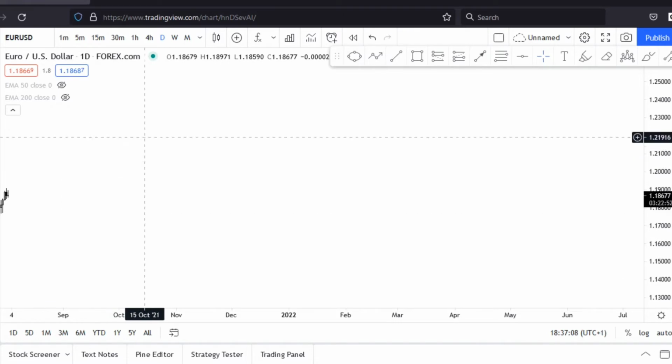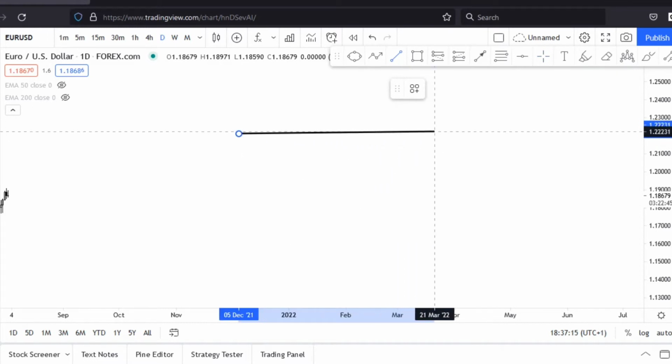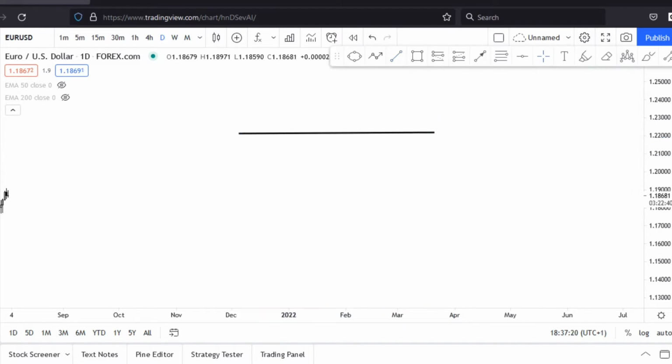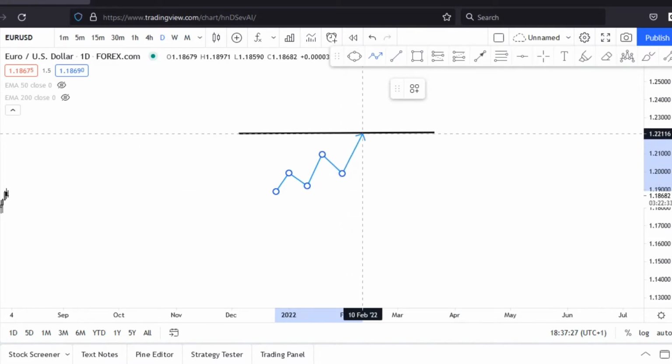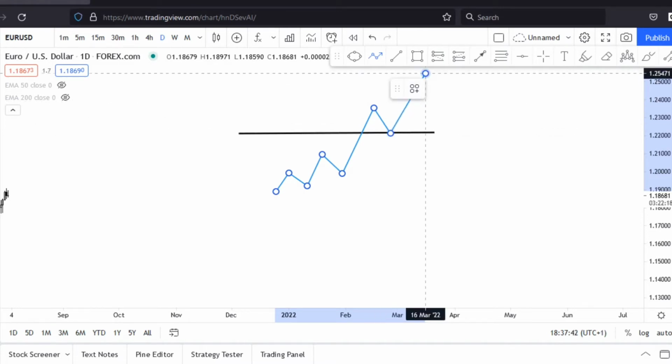The other way to use the break and retest strategy is when you're talking about support and resistance level. Okay, so if you have this resistance level here, for example, and you have price making higher highs and higher lows, and price gets up to this resistance, you're waiting for a break of this level, price comes back down to test it, you wait for your buy signals around here, and you take your entry to the upside.